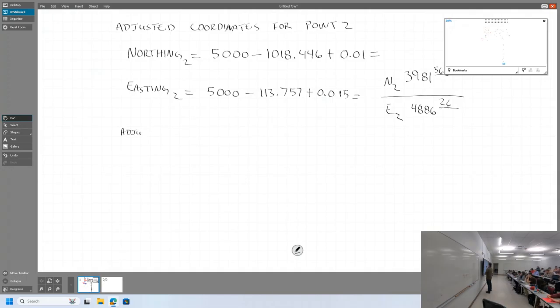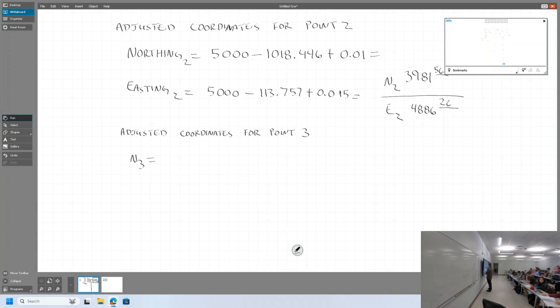So adjusted coordinates, point 3. The northing of 3 is equal to our new northing 2 adjusted coordinate.